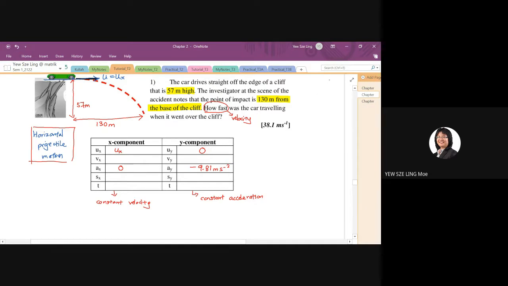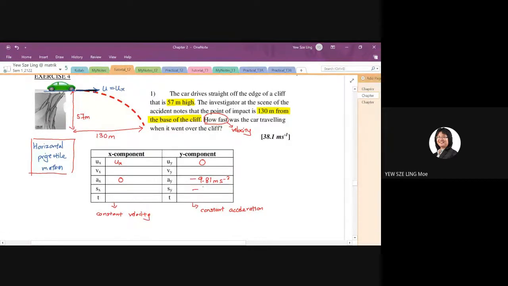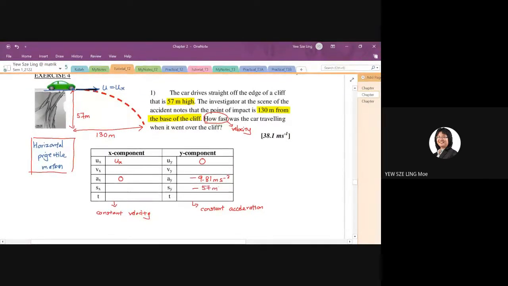What else do we have? Look at the questions, the things that I highlight. It says the car drives straight off the edge of a cliff that is 57 meter high. So the height of the cliff is 57 meter, and this height is located below the original position. Therefore our SY is negative 57 meter.